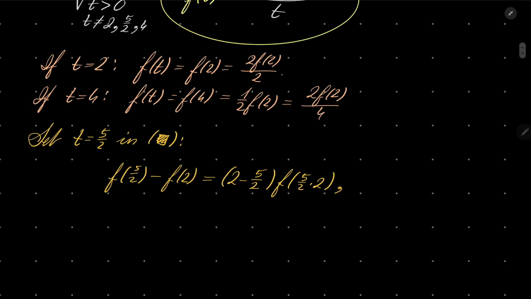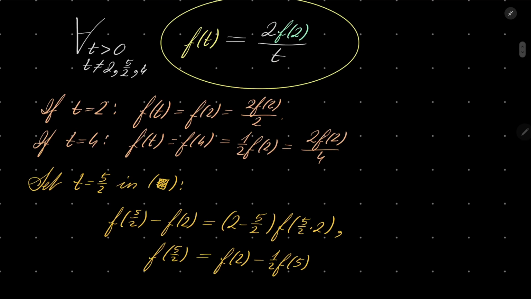Now let's take a look. f of 5 over 2 equals, well, here we have f of 5. So it's f of 2 minus 1/2 f of 5. But f of 5, we can use this formula because it holds for t equals 5.